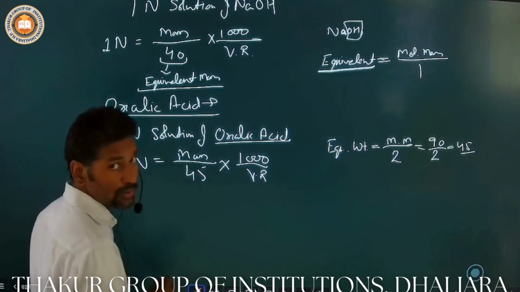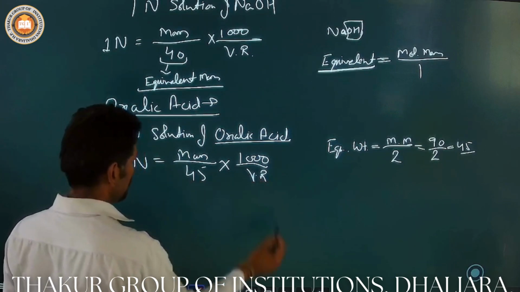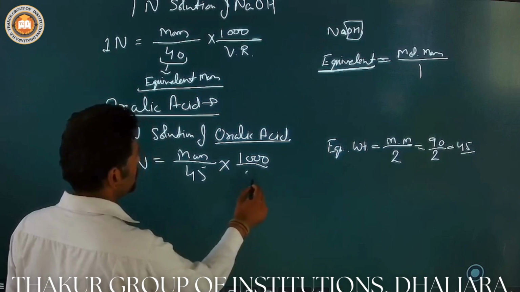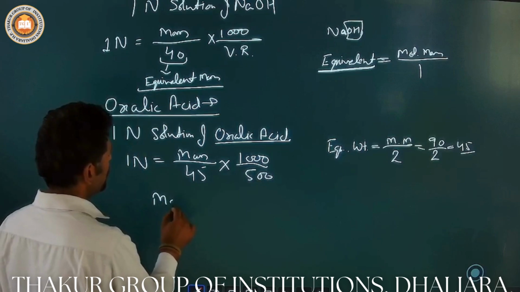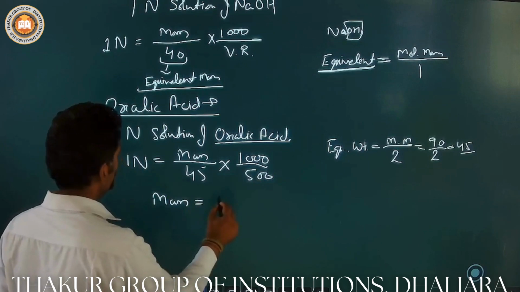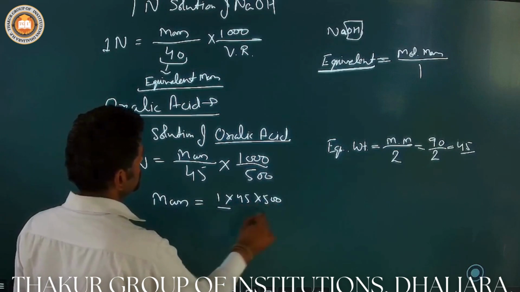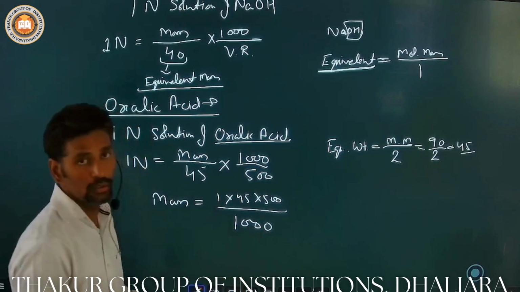So here we are going to write the 45 value, and volume required, as we have discussed in the previous case. If I want to prepare 500 ml, I have to write 500. So required mass will become equal to, as in your previous case, 1 into 45 into 500 divided by 1000.